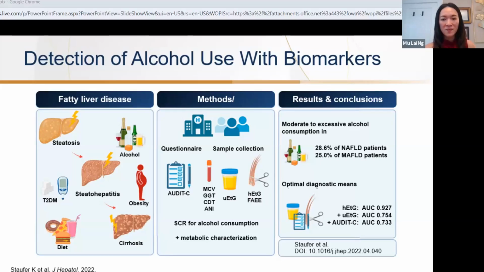PEth, if you remember one thing, is a particularly valuable test. It is highly specific and detects alcohol use for up to 2 weeks. Interestingly, more than a quarter of patients who are diagnosed with fatty liver disease actually drink more than they should.